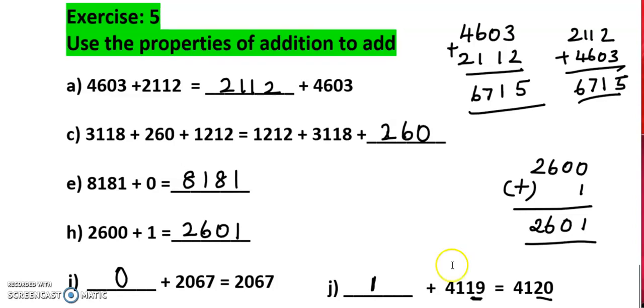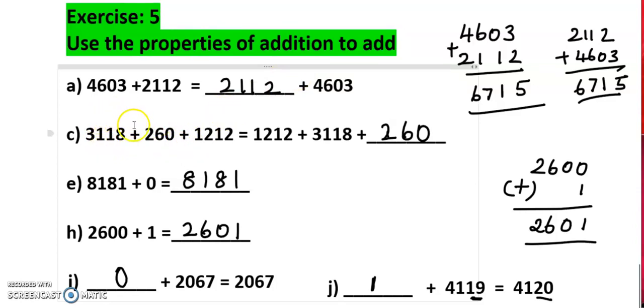So listen children, first one is the order property. In the order property, two numbers can be added in any order. Their sum remains the same. So here 4603 plus 2112 equals 2112 plus 4603. Next one is the grouping property.